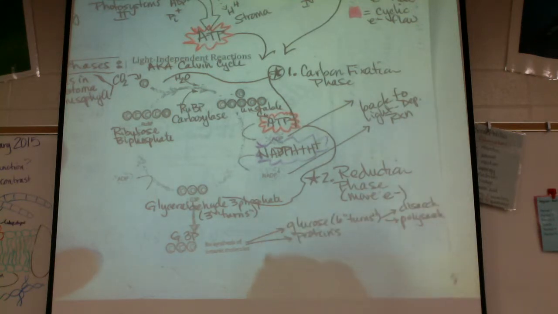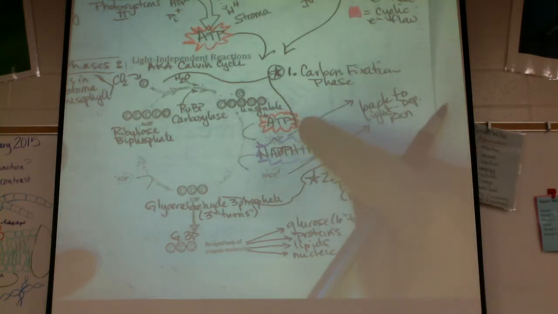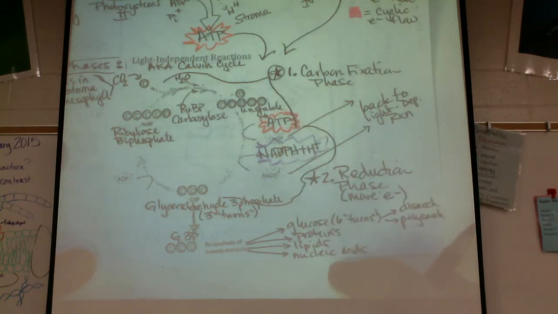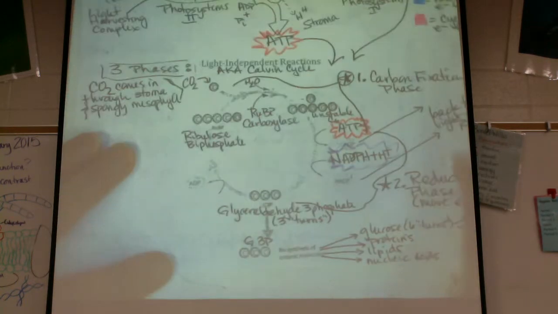It can be used to make lipids that the plant needs, say in its seeds. And of course it can be used to make nucleic acids, because they need to make DNA, RNA, like ribozymes. And ATP is a modified RNA nucleotide.